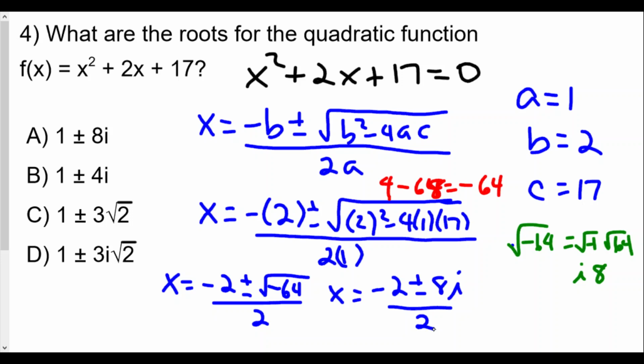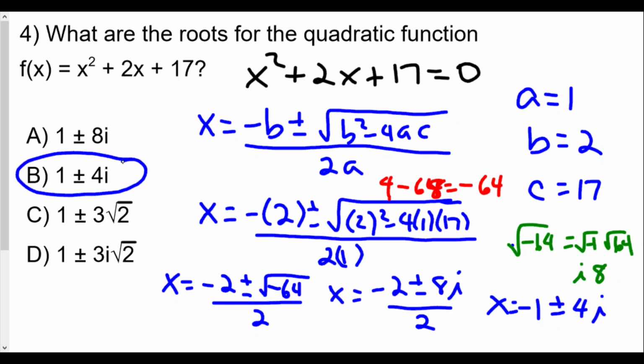But we can simplify further by dividing everything by 2, which means x is equal to -1, because -2 divided by 2 is -1, and 8i divided by 2 is 4i, so plus or minus 4i. So our answer for number 4 is choice B.